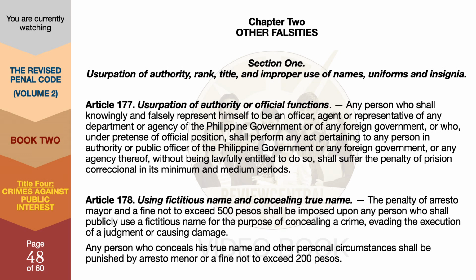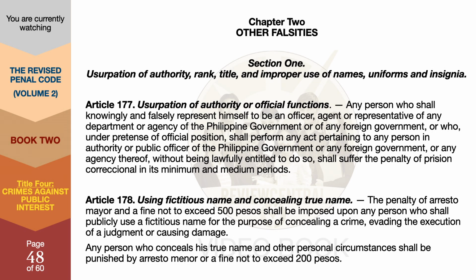Any person who shall knowingly and falsely represent himself to be an officer, agent or representative of any department or agency of the Philippine government or of any foreign government, or who, under pretense of official position, shall perform any act pertaining to any person in authority or public officer of the Philippine government or any foreign government or any agency thereof, without being lawfully entitled to do so, shall suffer the penalty of prisión correccional in its minimum and medium periods.